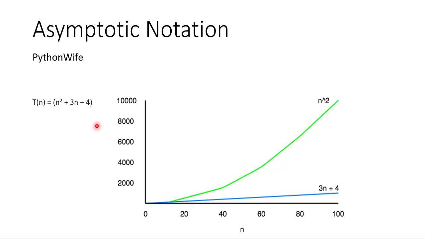For example, if n becomes 1000, n^2 will become way more than 10 lakh, right? While 3n + 4 with the value of 1000 will become 3004. So in front of 10 lakhs, how can we compare 3004? It is an insignificant comparison.